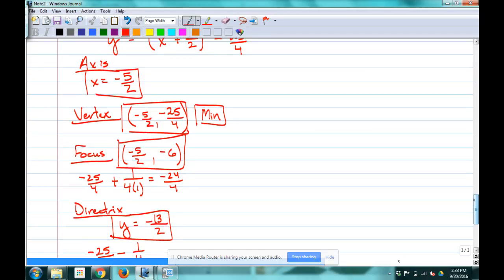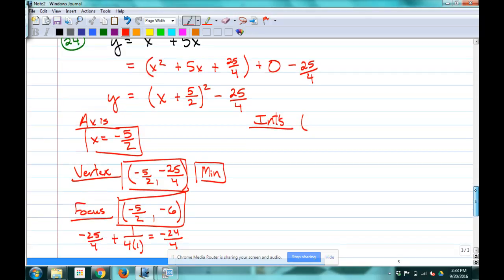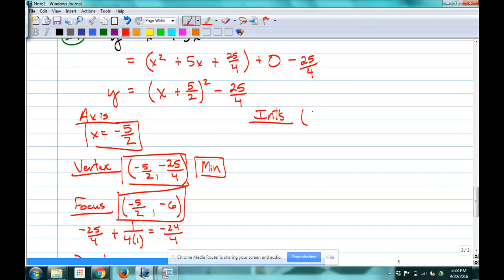From there, we need our intercepts. The Y-intercept would be zero, right? And then for our X-intercepts, I'm going to go back to the standard form and get my X-intercepts, because I can factor that. x equals 0, and then x equals -5.